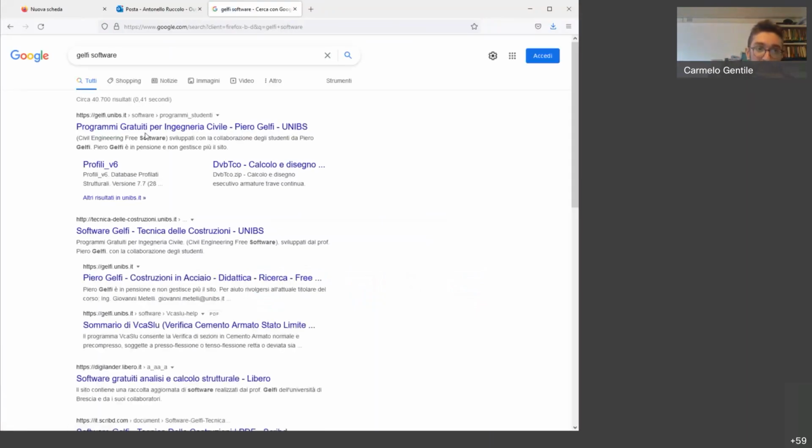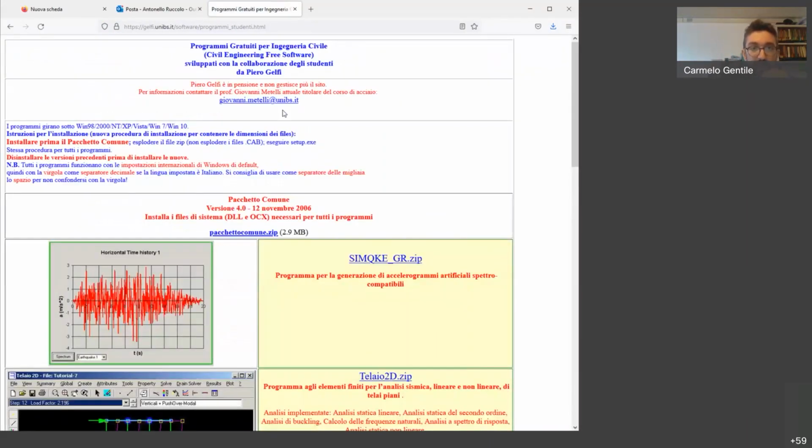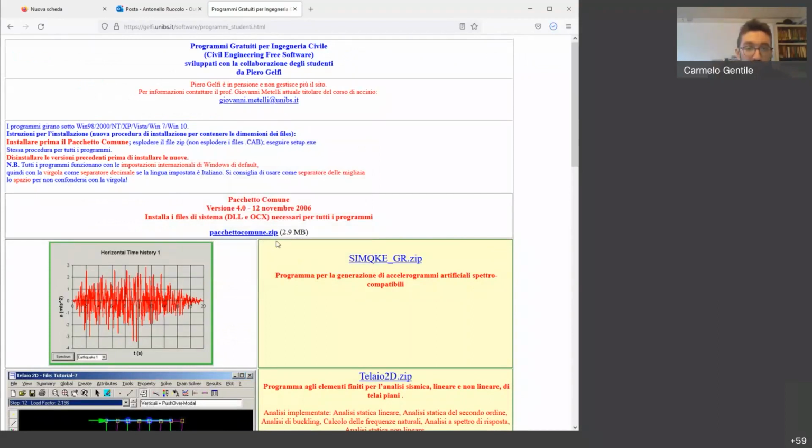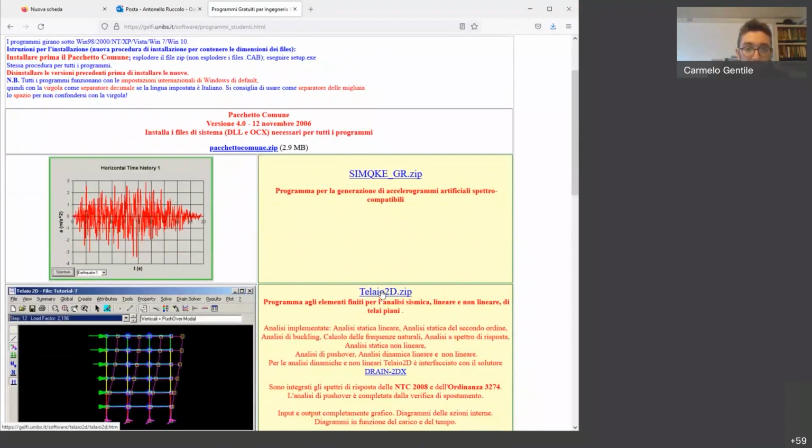Now I have to download them again. This is the software I was talking about. We just download the Pacchetto Comune, Telaio 2D.